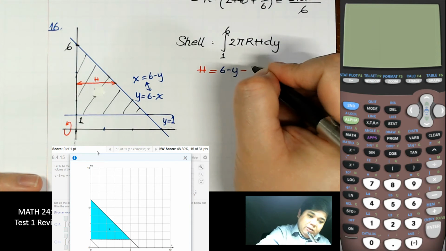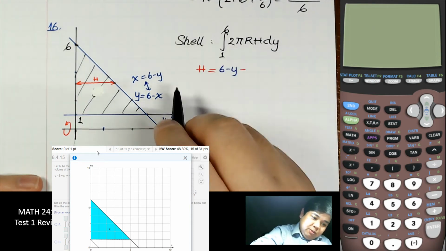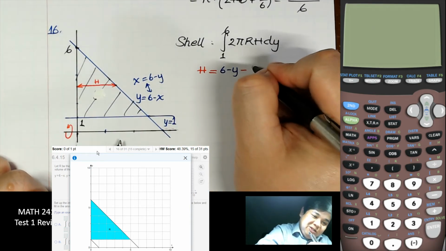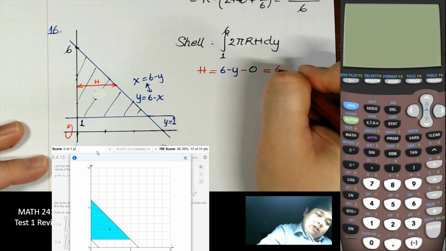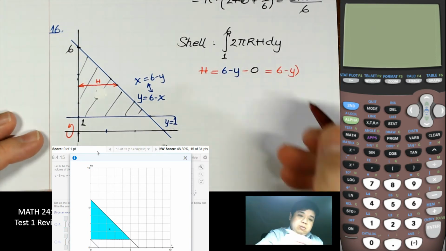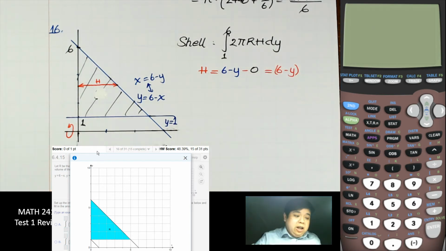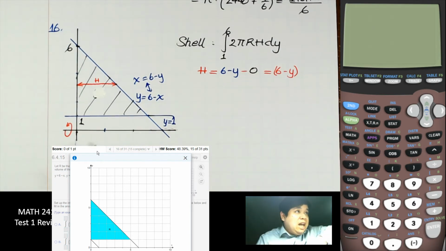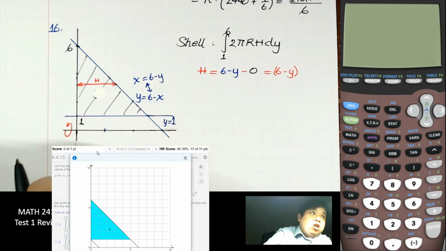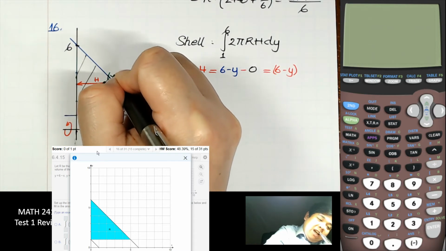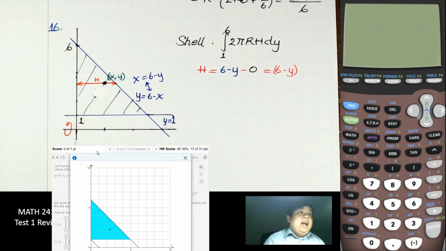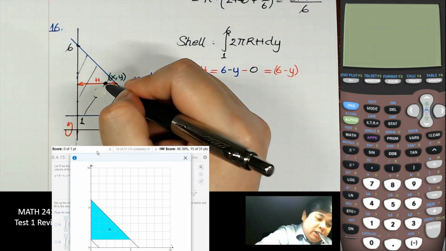Zero. So that's just 6 minus y. 6 minus y for h. Now for r, pick any point on the line that we just wrote, just x and y. And then from that point, there's the x coordinate for that point and the y coordinate for that point.